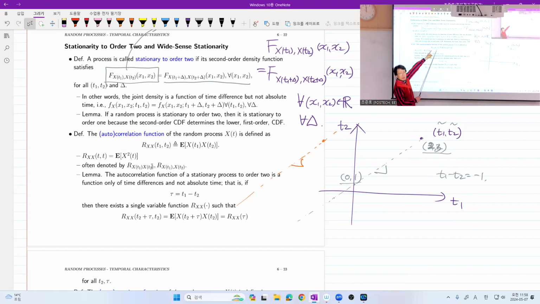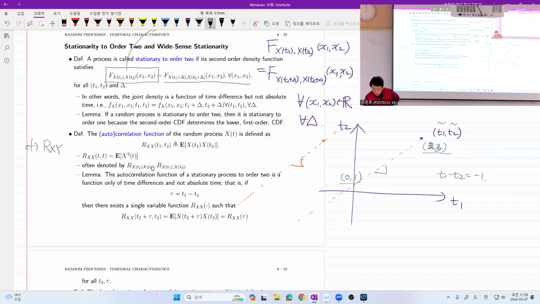And it seems you've seen this or something similar. Capital R sub XX of T1 comma T2. And it reminds you of what? The correlation between two random variables.